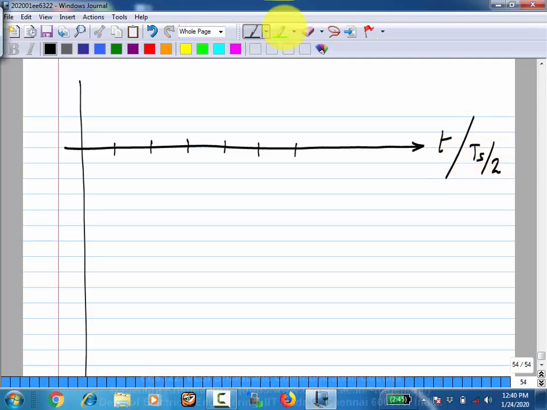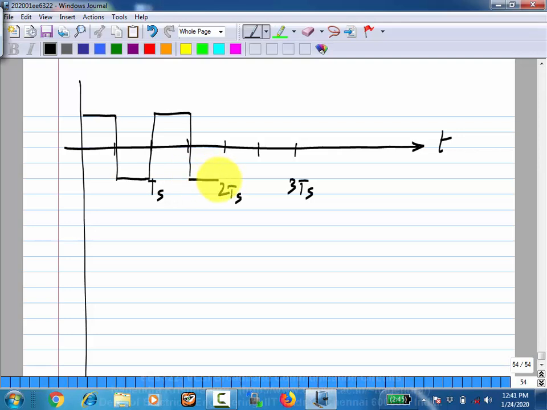This is better. So this is Ts, 2Ts, 3Ts, and so on. Now I'll assume a square wave. This is the clock, right? This is what the clock is.